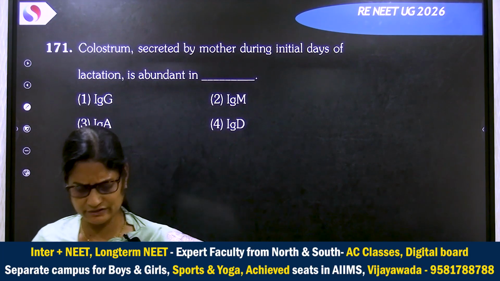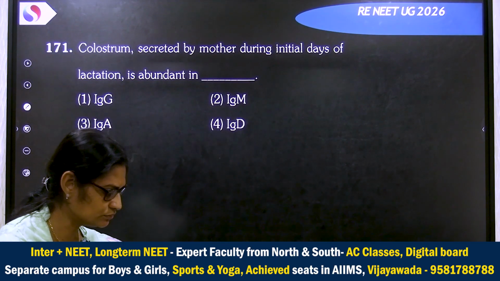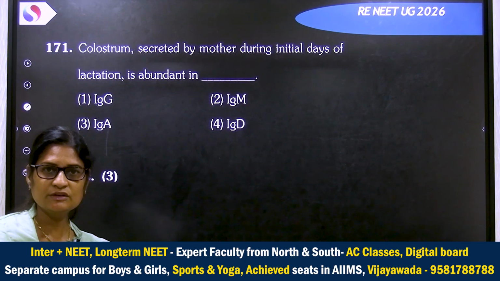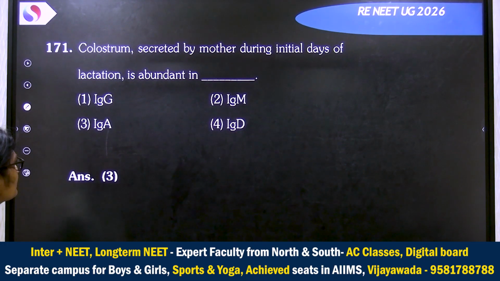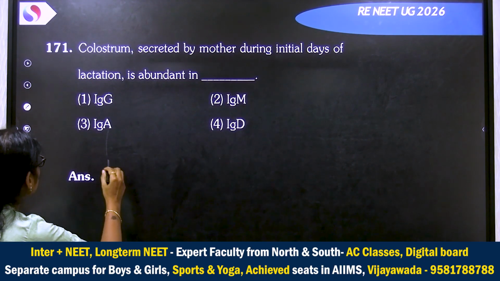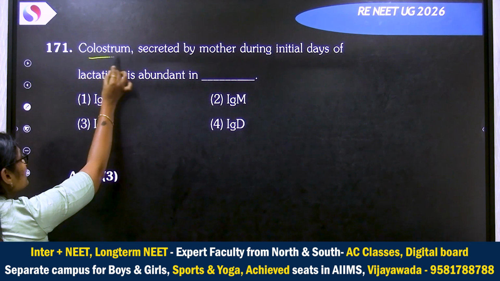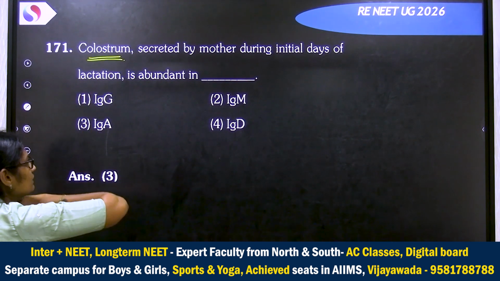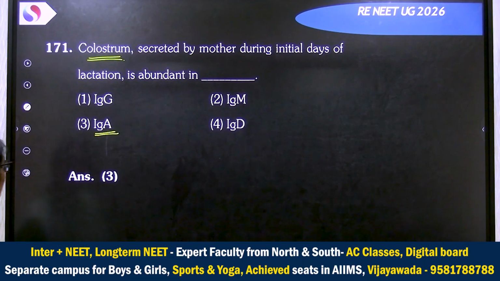Doctors tell feeding mothers to feed infants with mother's milk because it is rich in immunoglobulins. The milk secreted by the mother in the first initial days is called colostrum. It is rich in IgA, immunoglobulin A.